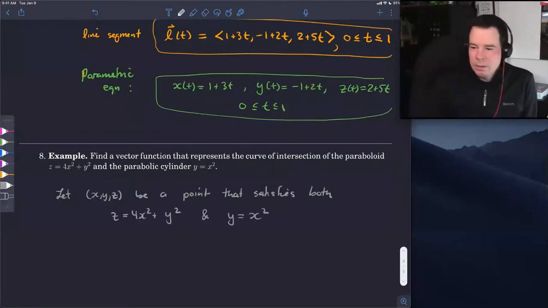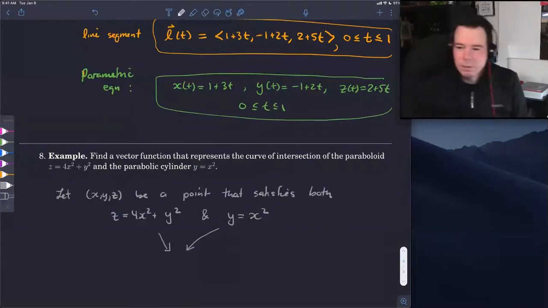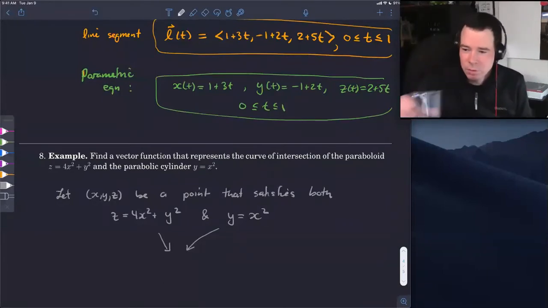So at some point, whatever the values are, that satisfies both of these equations. That's what it means to be on the intersection of them. It has to satisfy these two equations. The nice thing about this is we can combine these two equations together. We do kind of what we do in linear algebra. If these were linear equations, we could substitute for one of the variables in the other equation.